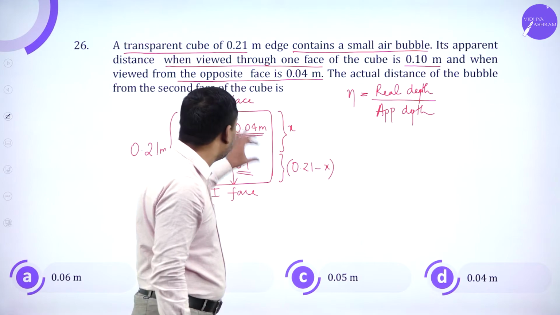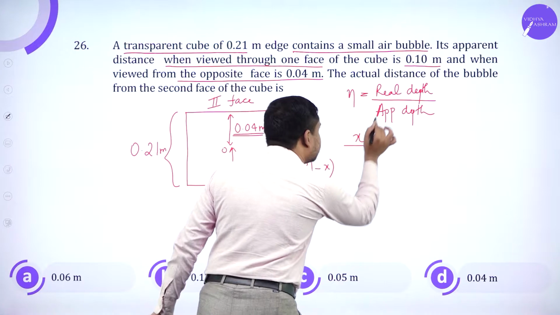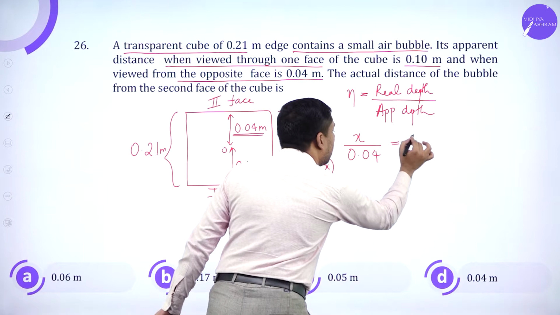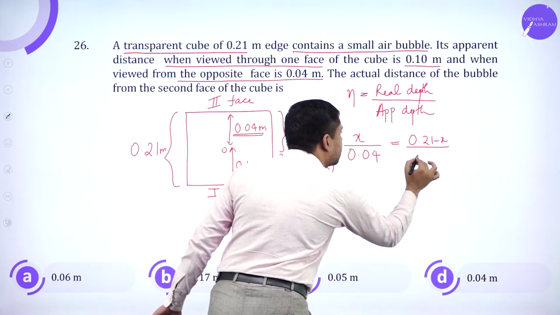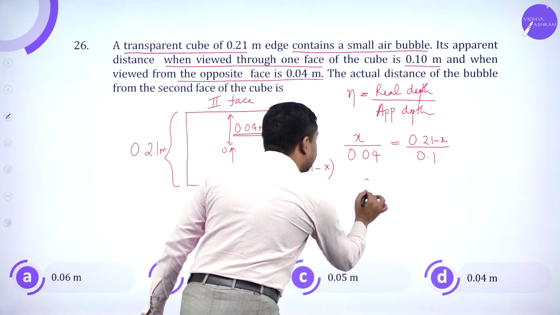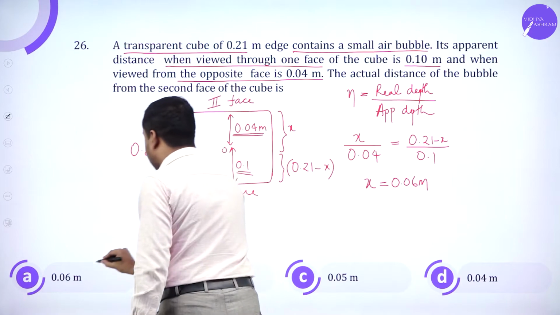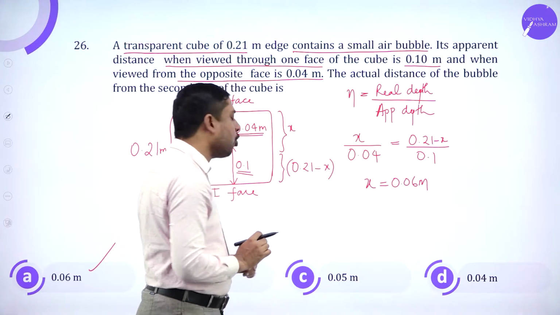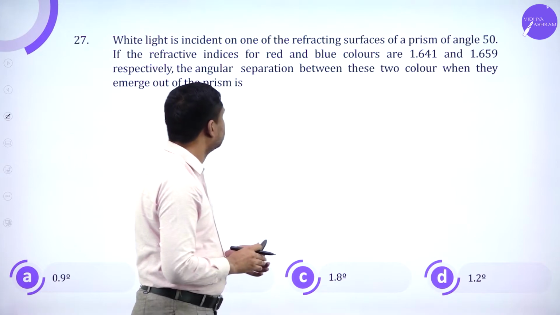So in case of the second phase, real depth is x, apparent depth is 0.04. First phase, 0.21 minus x, 0.1. So when you simplify here, x turns out to be 0.06 meter. So the first option is correct, which is 0.06 meter. Next.